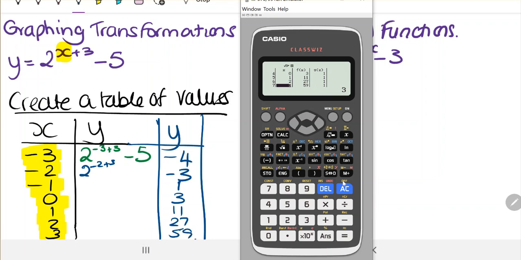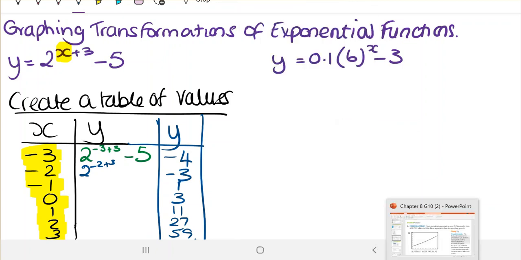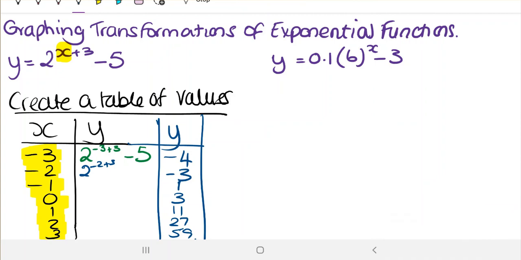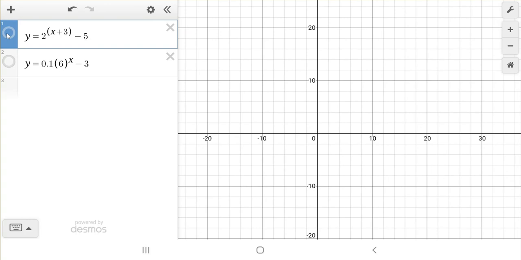So here's my values, so I'd be able to plot these. Then what I need to do is go to some graphing paper. So I've come over to Desmos here, and here we have a graph. If you plotted our table of values for this graph, there's our 0, 3, and we need to state the domain and the range.